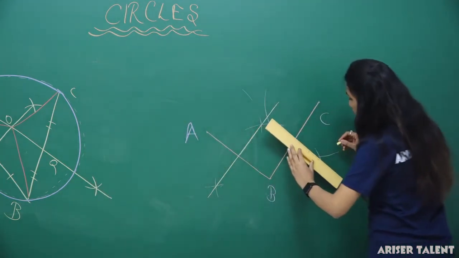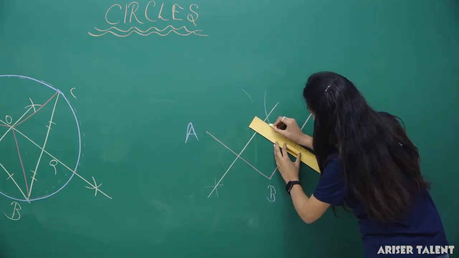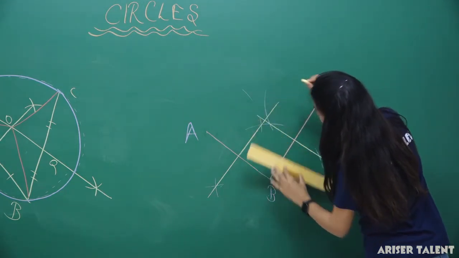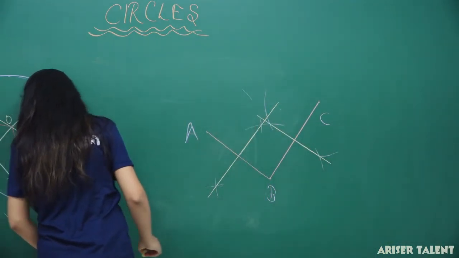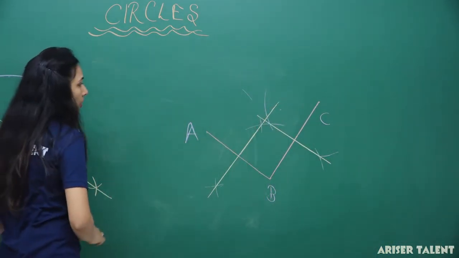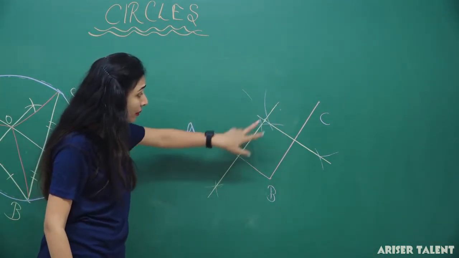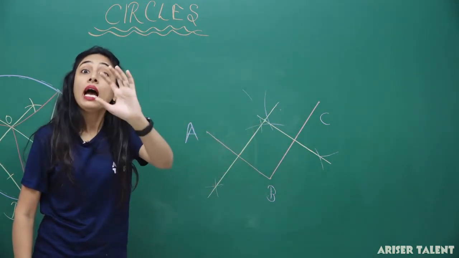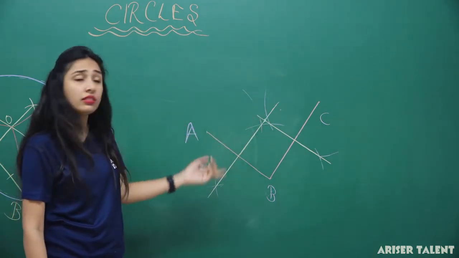Now take these 2 points here. Now you got the intersection of these two, because this is the perpendicular bisector of this chord and this is the perpendicular bisector of the other chord, and the perpendicular bisectors of two chords will intersect eventually at the center.